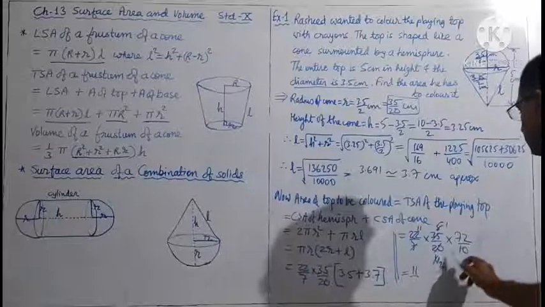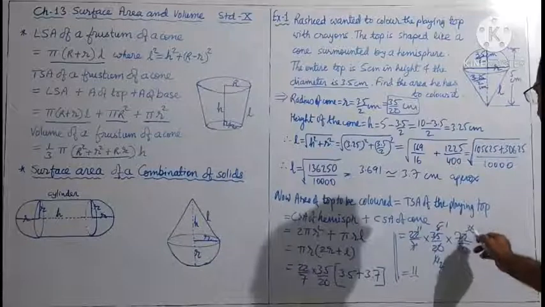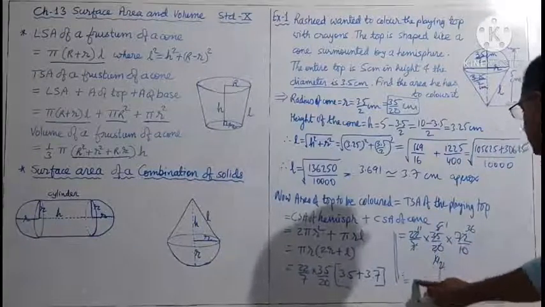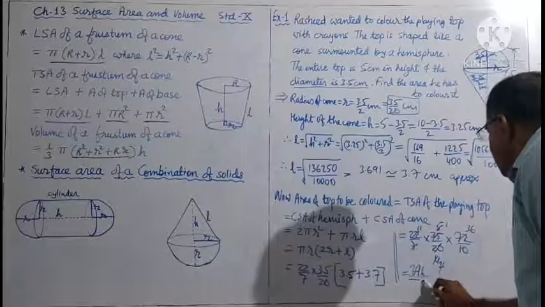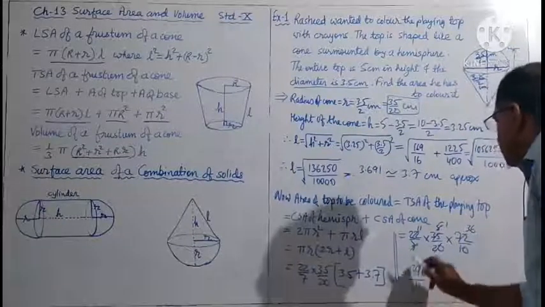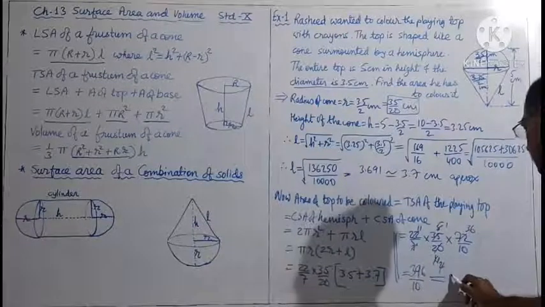Here we can cut this also, 2 36 ja, so 36 into 11 divided by 10, that is 396 divided by 10.